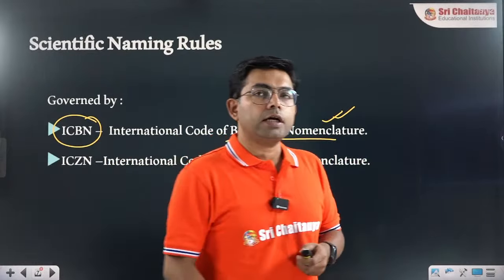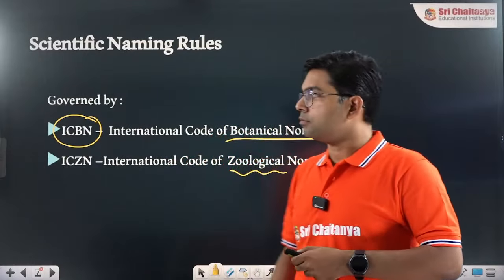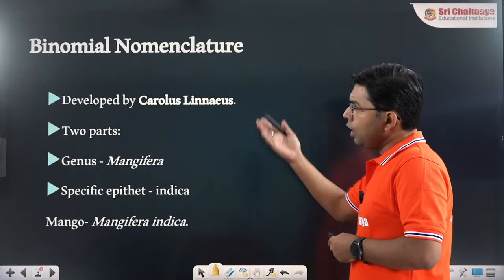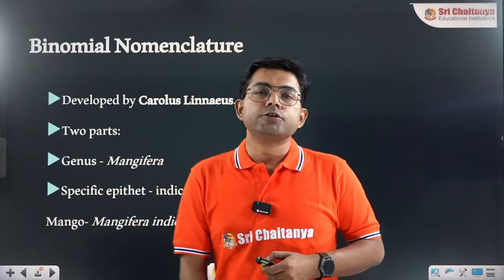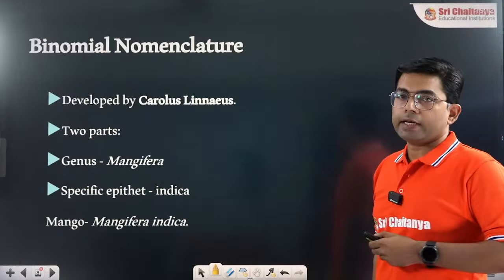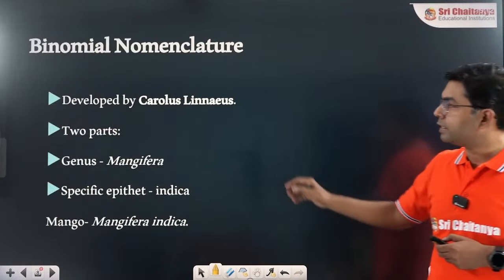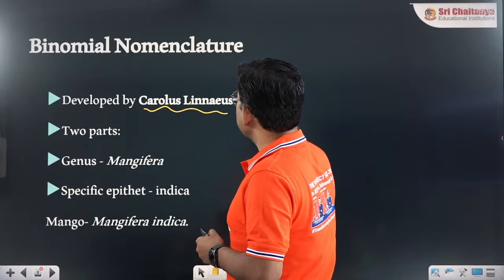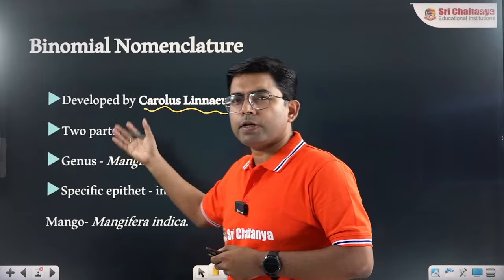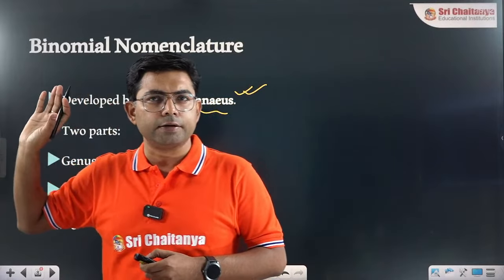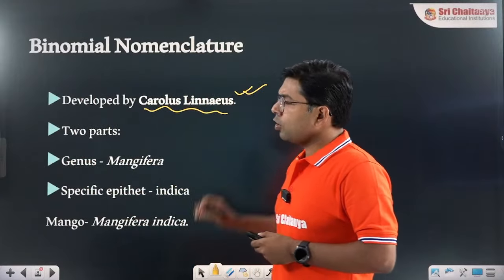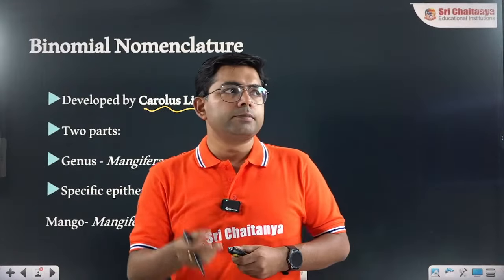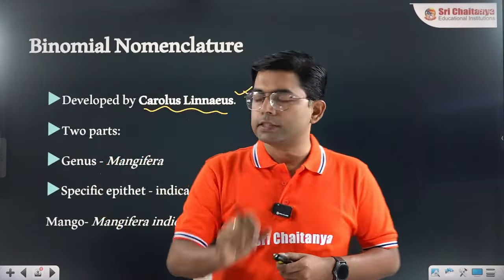So the question comes, how do we name an organism? The most acceptable form of nomenclature is called binomial nomenclature. This binomial nomenclature was developed by Carolus Linnaeus. Very simple question, it is asked in NEET. According to binomial nomenclature, each living organism's name will have two parts.